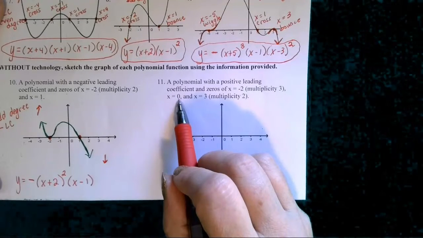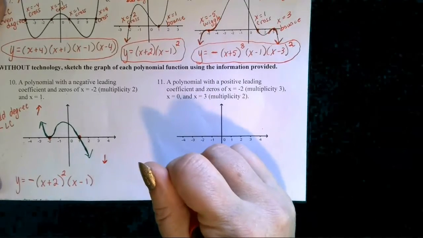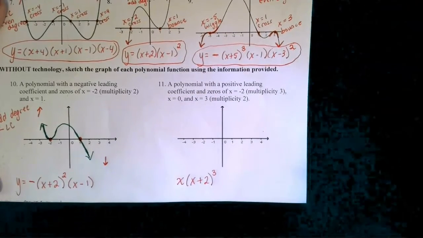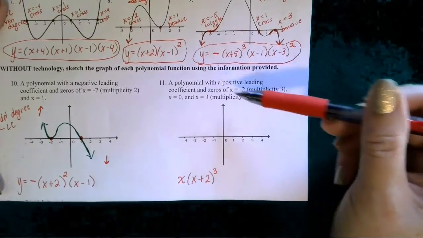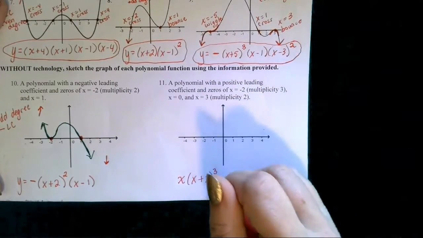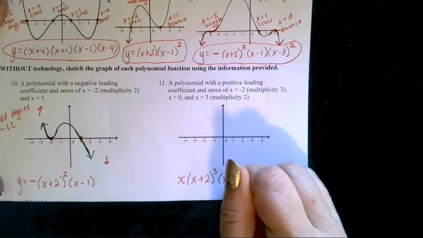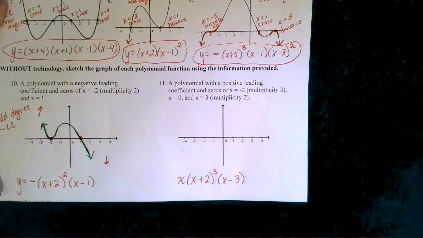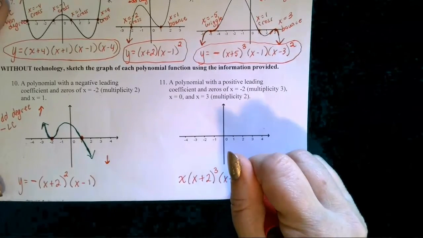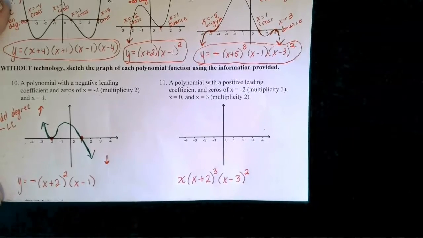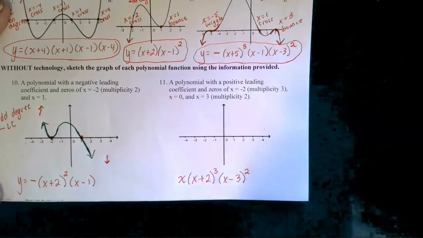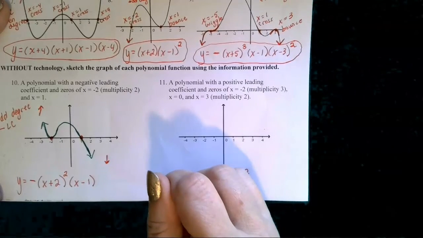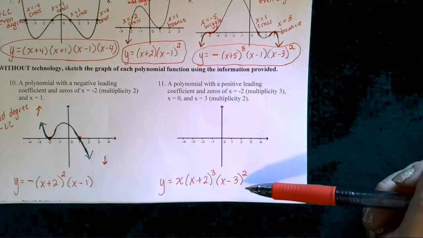That's just a linear factor, and since it's just an x, to get x equals 0, I'm going to put that in the front. And then x equals 3 has multiplicity of 2, so that factor corresponding to the zero x equals 3 is x minus 3, and it has multiplicity 2, so that's going to cause a bounce with that exponent of 2. Okay, the leading coefficient is positive, so y equals, and this would be the equation that will produce this graph.